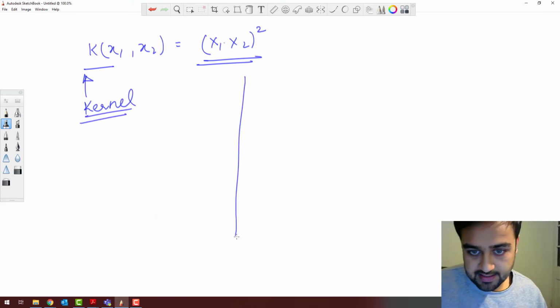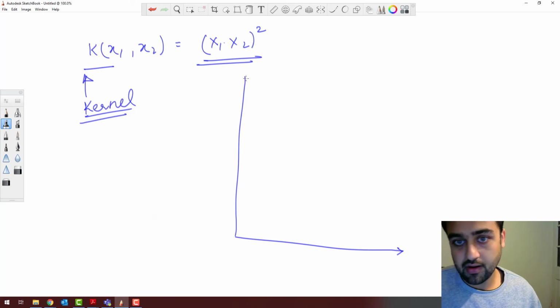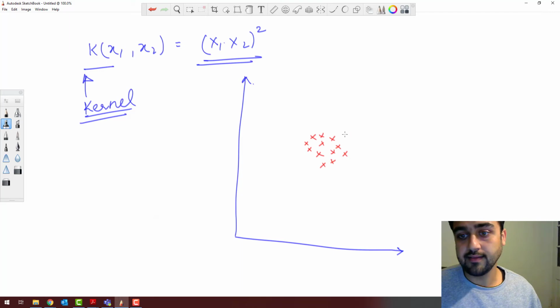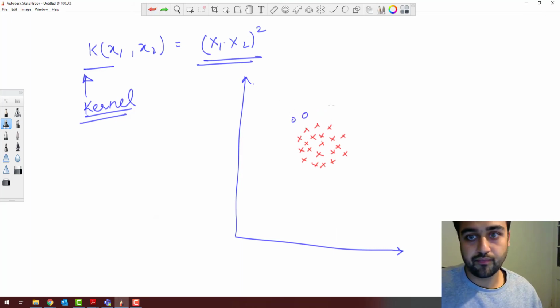So if you want to visualize this, let's see, we have two non-linearly separable classes, right? Let's say we have crosses and we have circles, right? So let's build our two classes which are non-linearly separable, something of this sort.